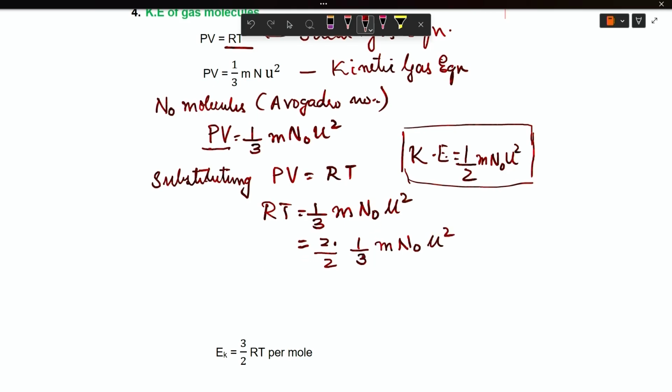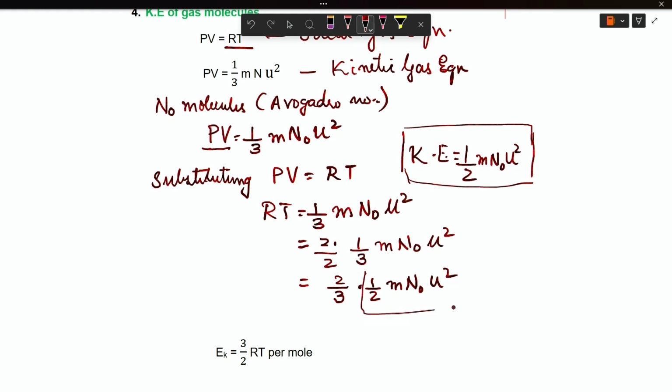Okay. Now, I am going to take this 3 to this side and put it as 1 by 2. So, the equation will be 2 by 3, okay, the 3 has come out, 1 by 2, this becomes 1 by 2 into 1 by 2 m n 0 u square.